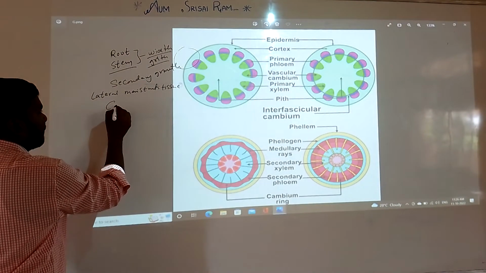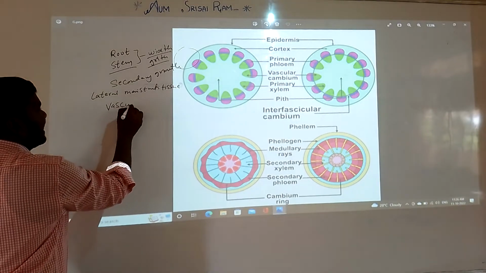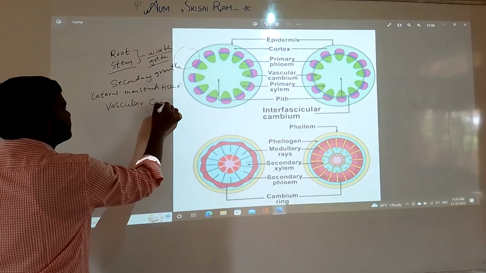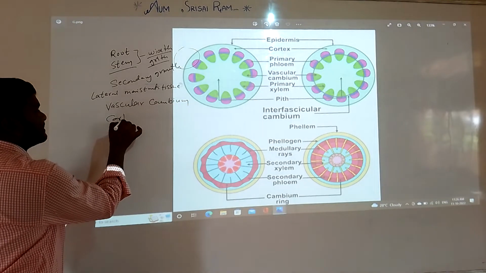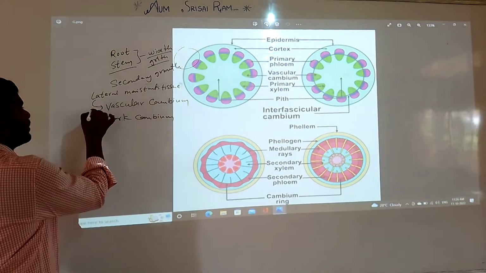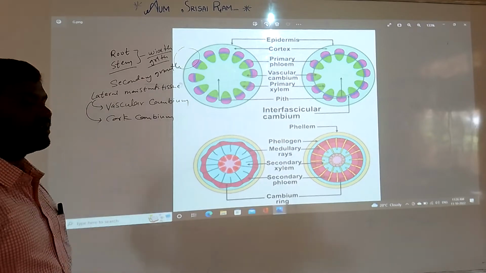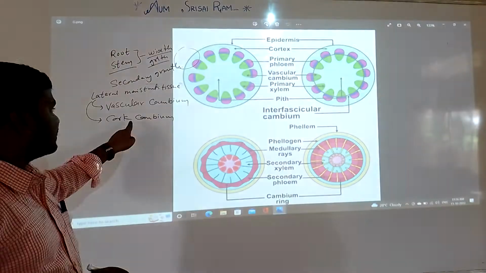One is vascular cambium, and the other one is cork cambium. What tissues are produced by the lateral meristematic tissue? Two types: vascular cambium and the other one is what?